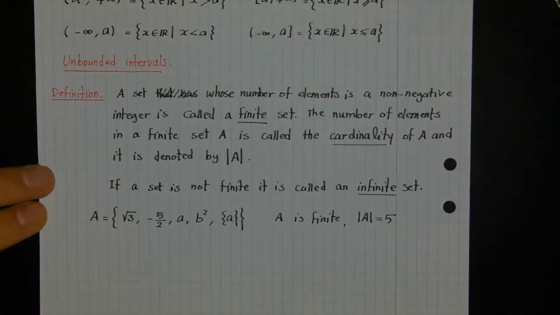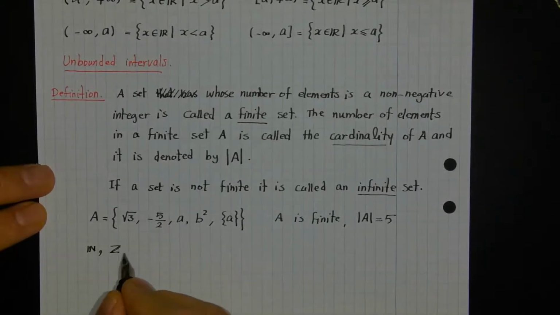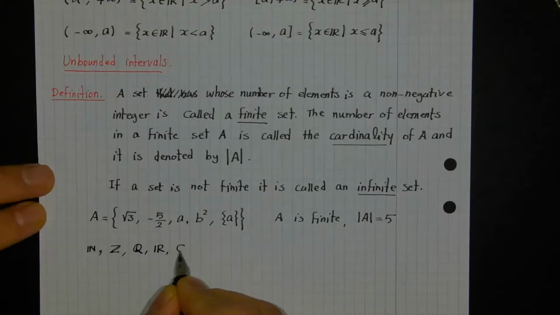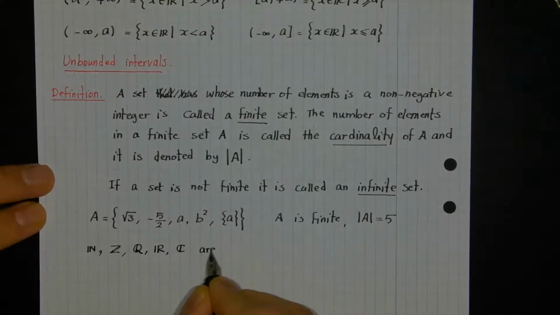And if I want to give you examples of infinite sets, all the famous sets that we have so far, for example the set of natural numbers, integers, rational numbers, real numbers, and complex numbers are all infinite sets.